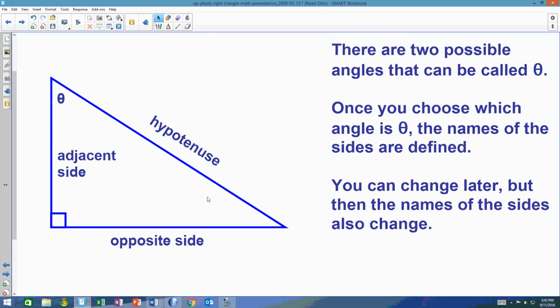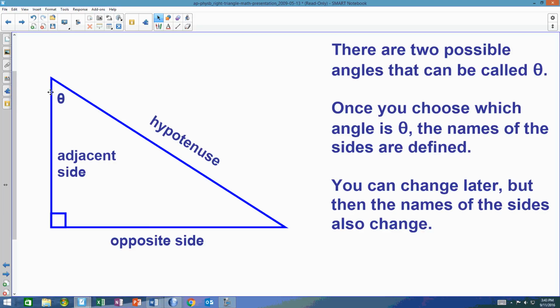Okay, there are two different angles that can be called theta. You can call this angle theta or this angle theta. Depending on which one you choose decides which side is your adjacent side. Notice that if I chose this as my angle theta, the adjacent side is going to be the x-axis, and the opposite side will be the y-axis.